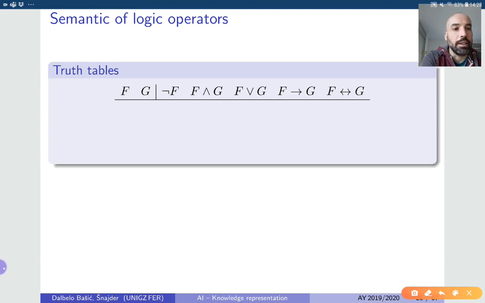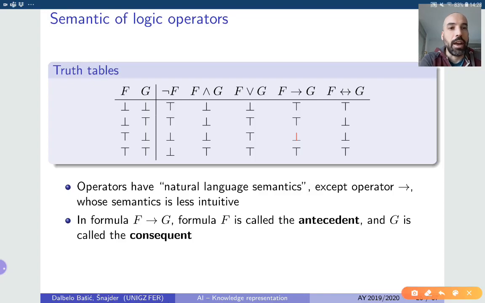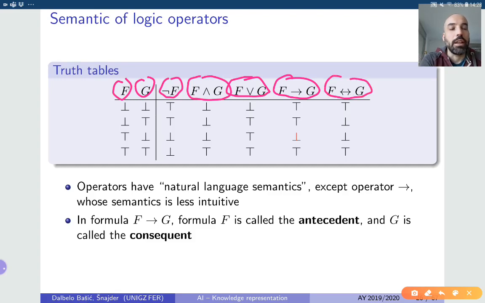I would assume that you are familiar with these truth tables from all previous courses. The idea here is that if I have F and G as formulas, then there are going to be 4 possible assignments of truth values to these 2 variables, and then I'm defining the semantics of each of these operators: the negated F, F and G, F or G, F implies G, and F equivalent to G. You are probably familiar with all these, since these operators follow quite closely the semantics of natural language.